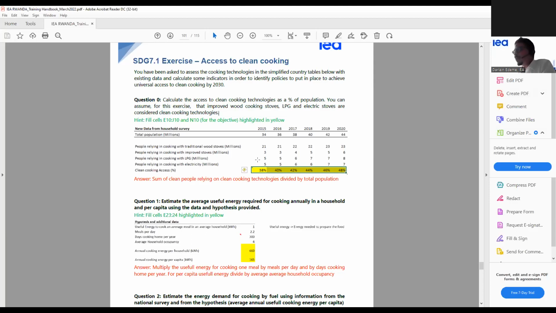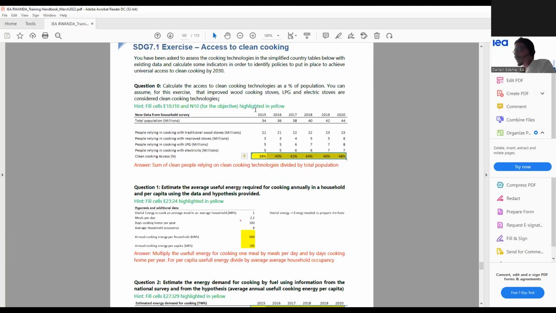This is the table with the summary of the input data, so the data that the exercise is giving you, and you will see that you have annual data from 2015 to 2020 in terms of total population using one or the other technology. In this case, you are just asked to calculate the percentage of people in this hypothetical country having access to clean cooking technologies.